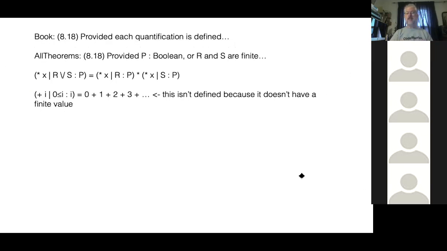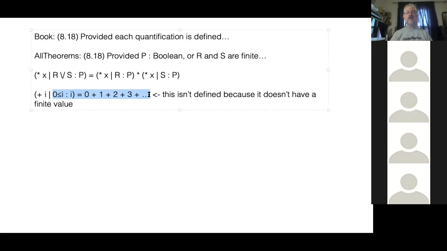And then the other option is this business that says either or both R and S are finite. And that actually is just saying that these ranges both have to be finite. So that's to disallow this sort of case where we have an infinite range. And so it would just go forever and we can't sort it out.